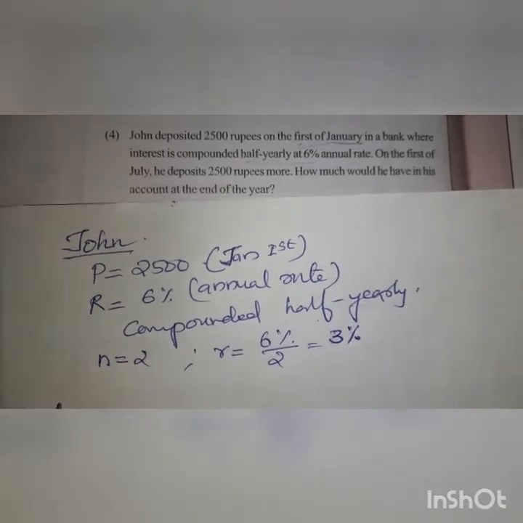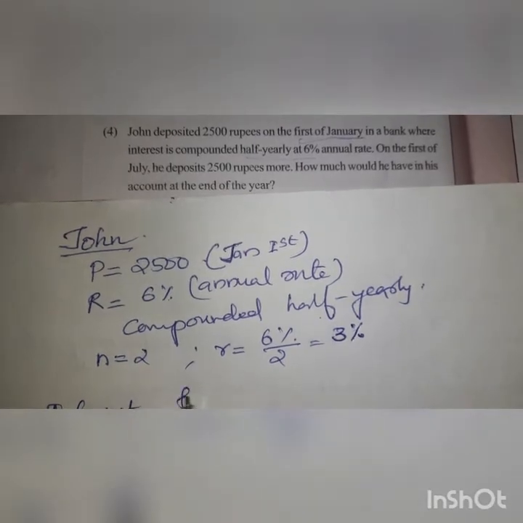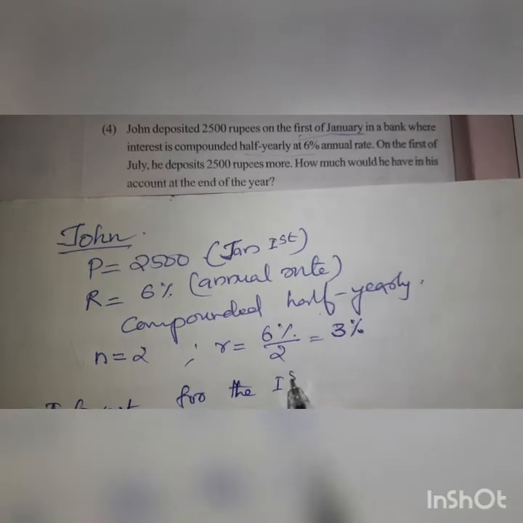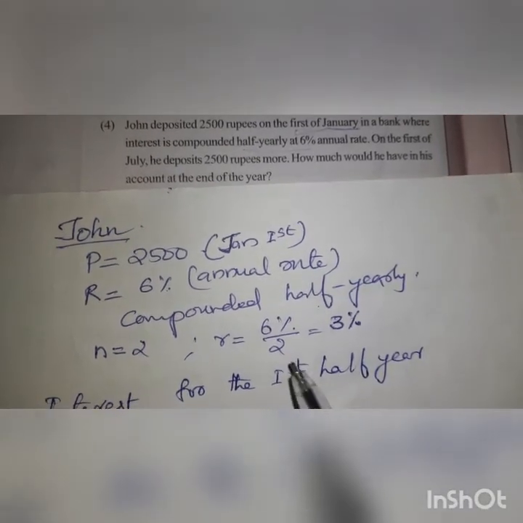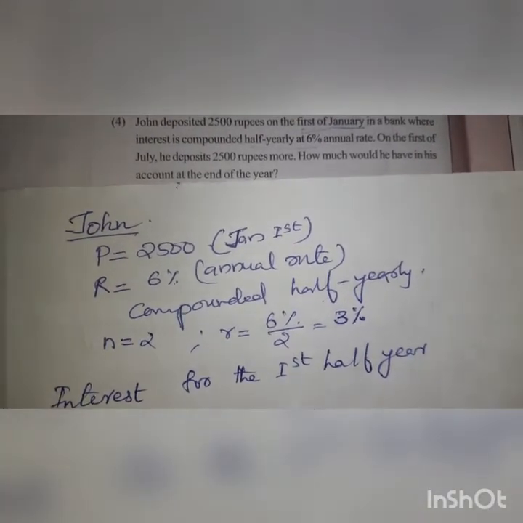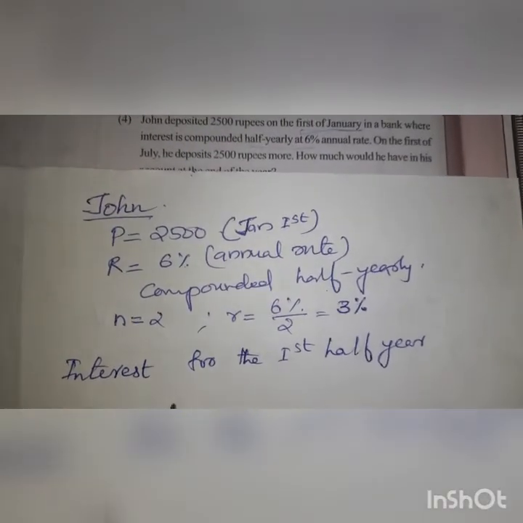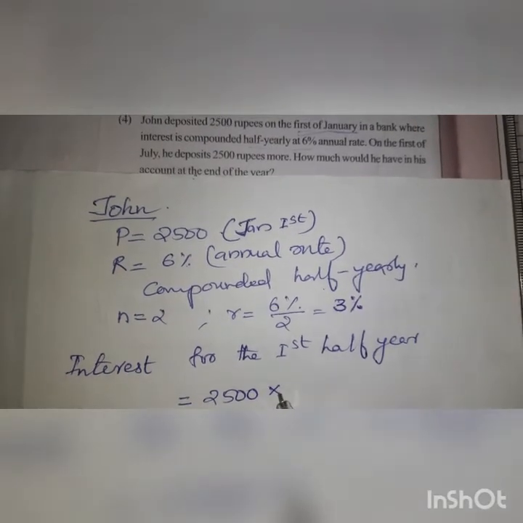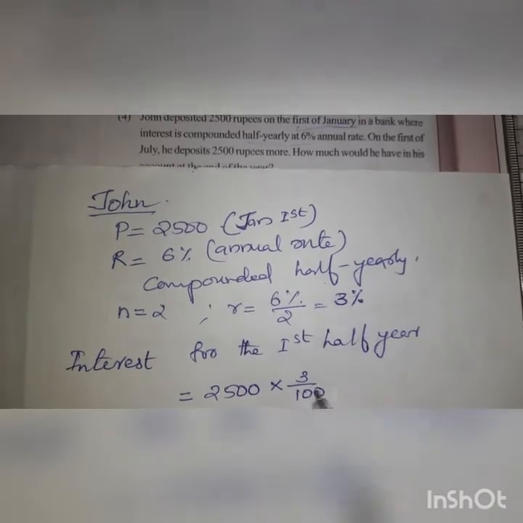So write down the interest for the first half year. Here we are calculating only 1 year, that's why we are not using that equation. So directly we can calculate it. So interest for the first half year is equal to 2500, the amount deposited, for a rate of 3%, because it's half year.